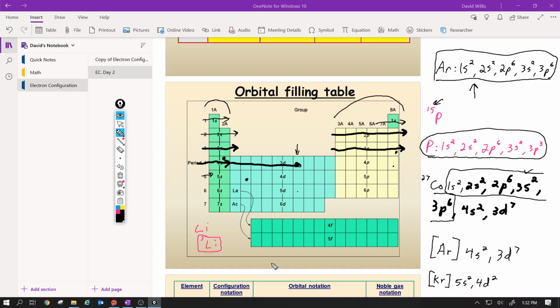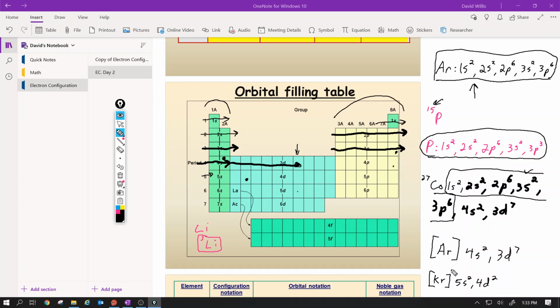You cannot, like if I wanted to do zirconium, which is number 40, the one we just did, say Zr in brackets. I can't do rubidium, Rb, in brackets and then say one more. You have to use a noble gas for your shorthand.